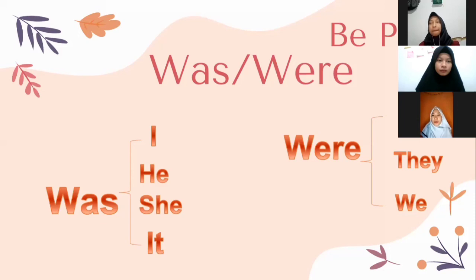For example, I was late for work yesterday. Okay, it is a past sentence, maksudnya lampau, bentuk lampau. Jadi kita menggunakan be lampau, yaitu was. Dan karena subjeknya itu tunggal, I, maka kita menggunakan was. Seperti itu. Is it clear?